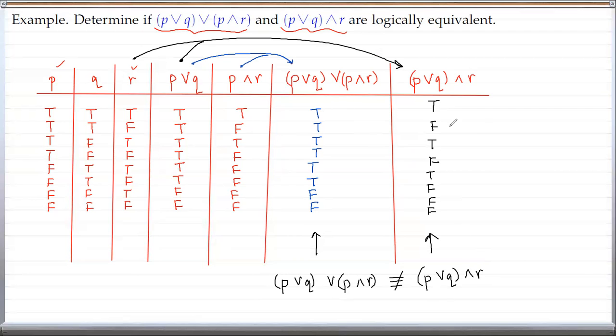For example, you can see on the second row, we have true here, but we have false over here. They are different. Also for the fourth one, we have true here and false here. They are different. Also this one, they are different. That means these two are not logically equivalent. If they were logically equivalent, we would get exactly the same truth values.